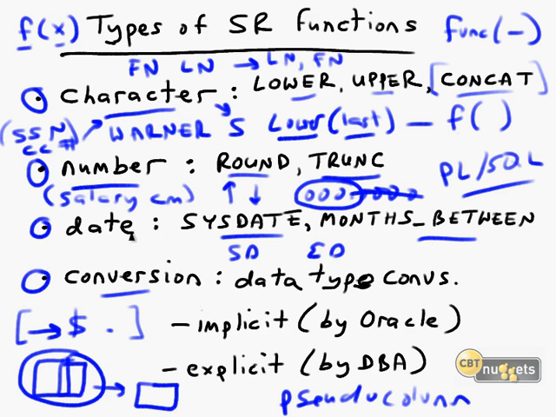Now, I'm getting kind of messy with all the blue on this whiteboard. The final thing I want to point out here is the distinction between implicit data type conversion and explicit. We're going to devote a separate whiteboard slide to this in just a moment, but for now, implicit means that Oracle takes care of the conversion itself. That is to say, as it parses your select statement, it looks and sees what you're trying to do with columns and their associated data types, and it will sometimes switch from one data type to another in order to meet your goal.